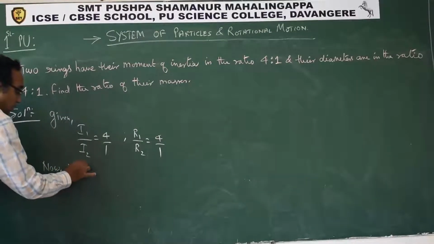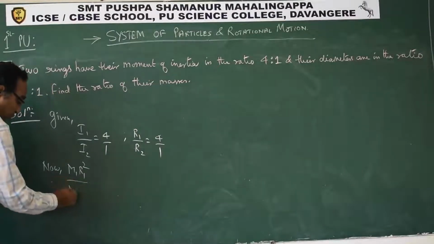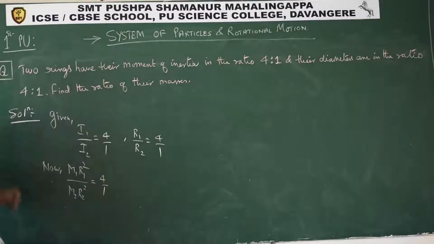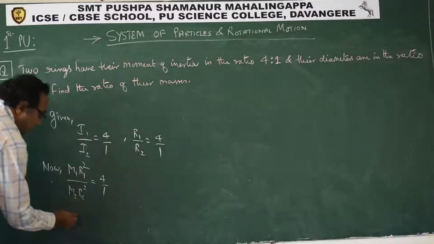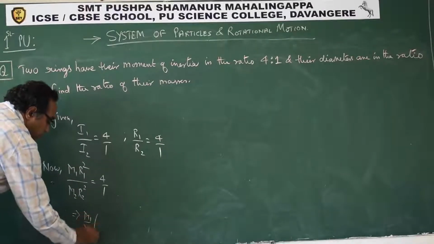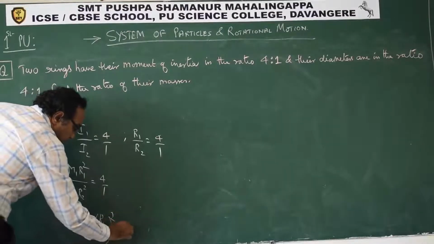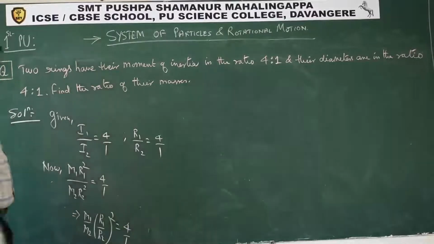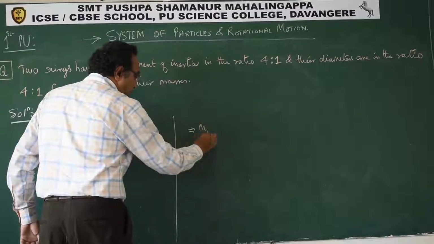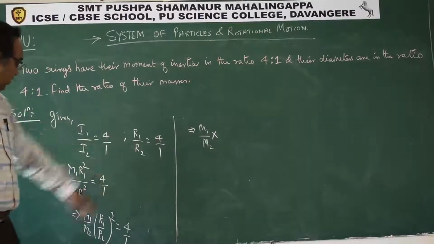Now what is I1? M1 R1 square, because it's a ring, upon M2 R2 square is 4:1. So from this we can say M1 by M2 into R1 by R2 whole square is 4:1. What will be M1 by M2? Substitute now. So M1 by M2 into R1 by R2 is given as 4.